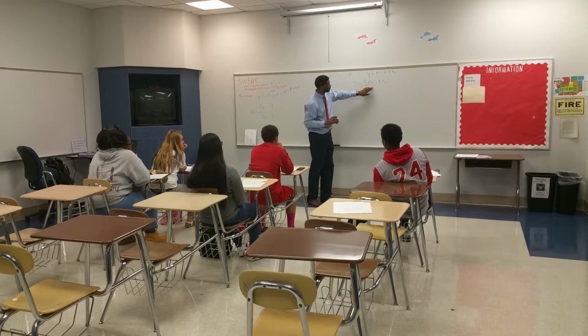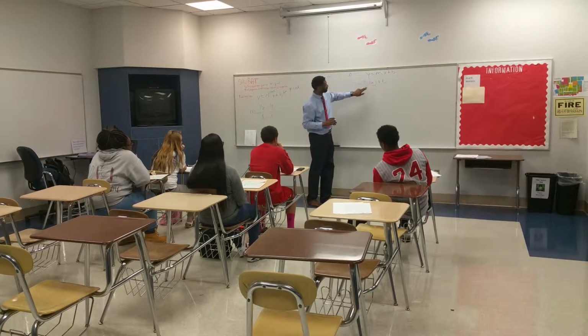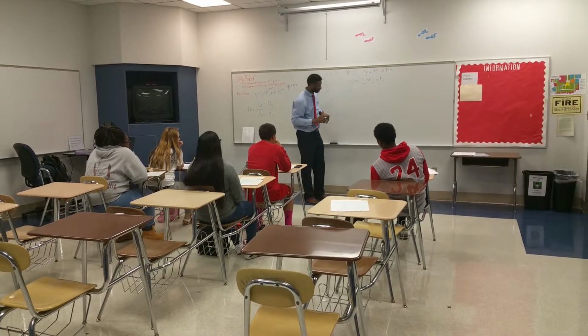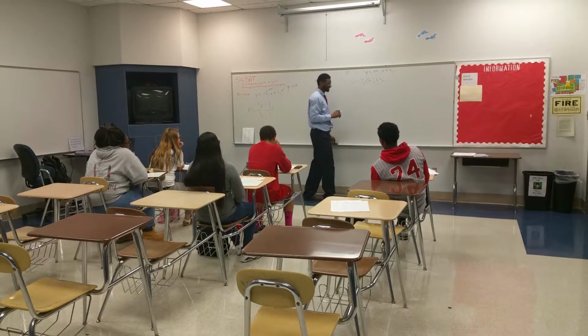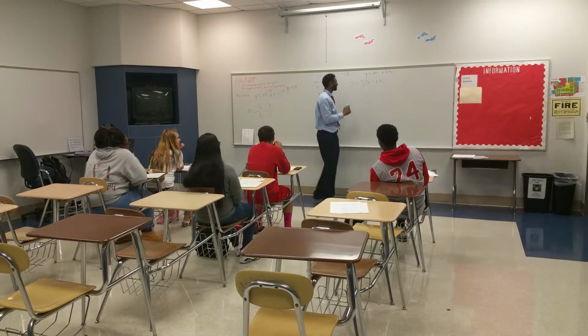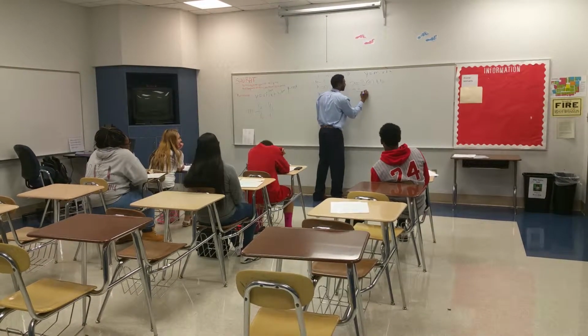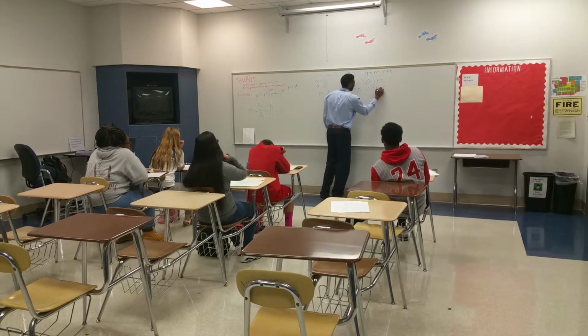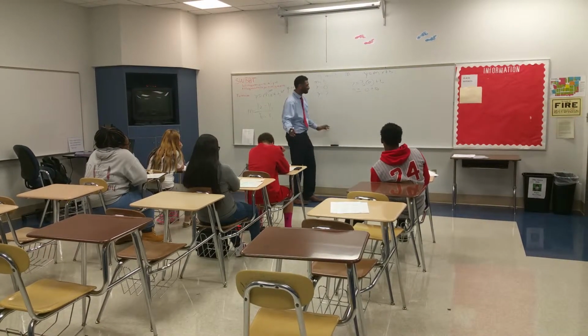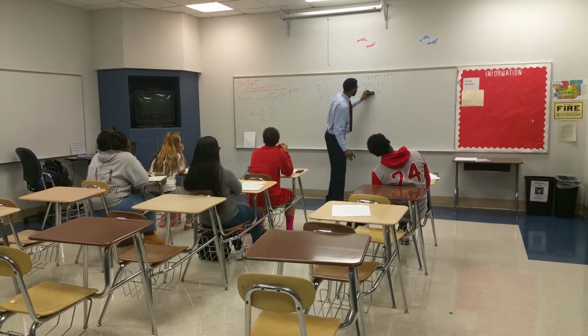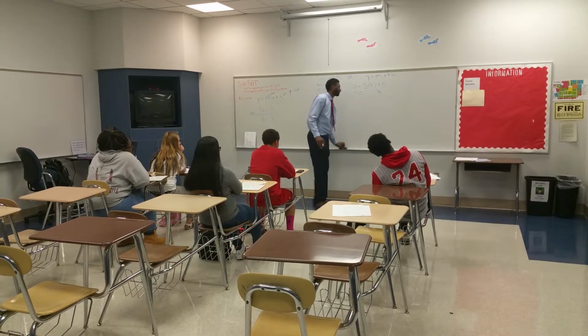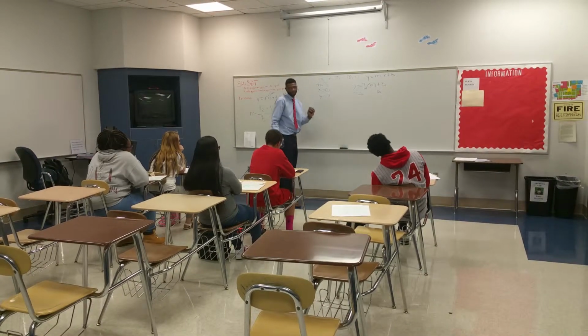Okay, so I multiply this by this, and what do I get? 0. Good. So I have 7 equals 0 plus B. At the end of the day, because 0 has no value, I have B equals 7, right? Yes. Okay.